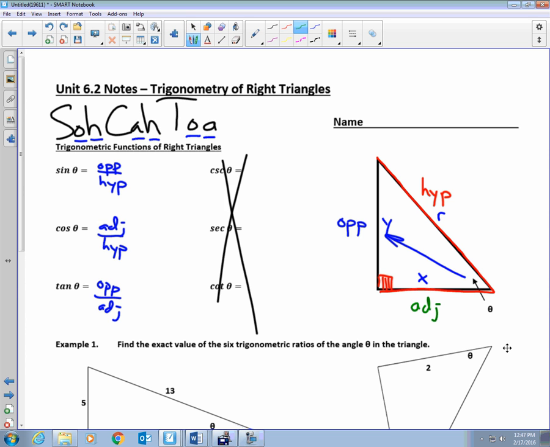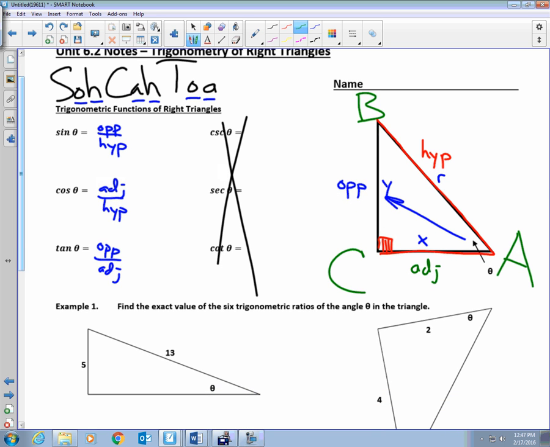The other piece that you need to know is this. We will label the angles of the triangle accordingly. The 90-degree angle we will always call C. It doesn't matter after that which one is A or which one is B. But what does matter is that now that I have named the angles, I can name the sides accordingly.